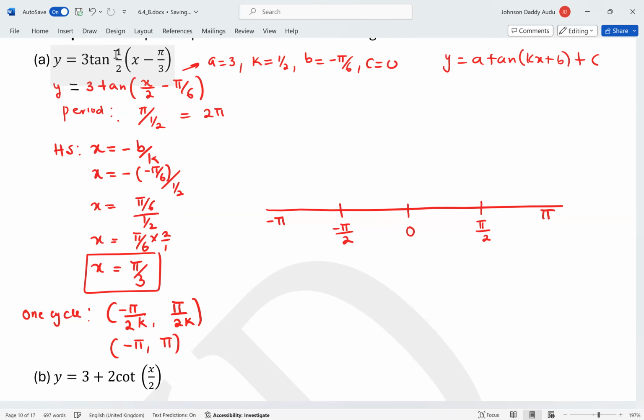But now we have a horizontal shift. Our horizontal shift, you can see, is pi over 3. So we need to add pi over 3 to each of these points.